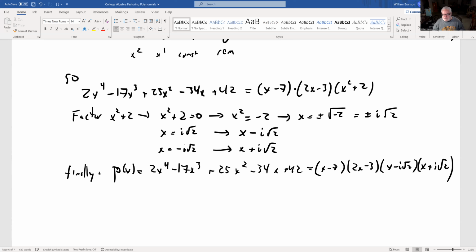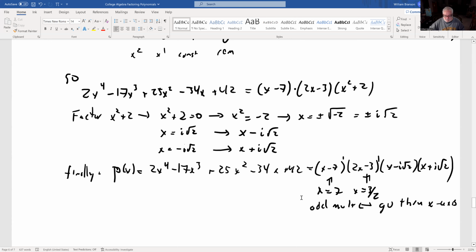And there it is, fully factored. There's only two x-intercepts. One is x equals 7, and one is x equals 3/2. They both have odd multiplicities. That means that the graph goes through the x-axis at those two x-intercepts, because we did want to graph this thing.